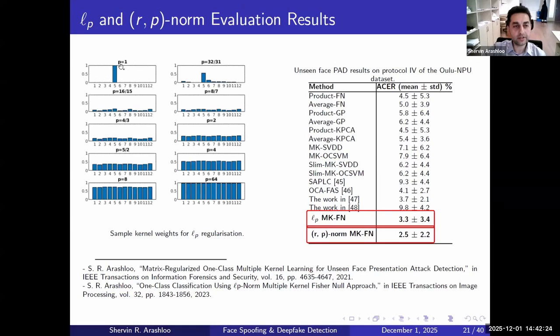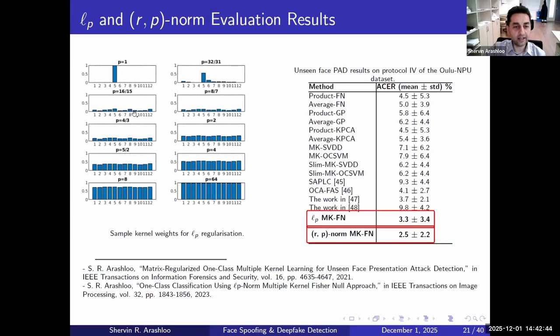Smaller than 1, it would be a non-convex problem. So we consider a smallest value equal to 1 up to any larger value that we would like. The smallest one gives us a very sparse vector. This is the value of the elements of our weight vector.